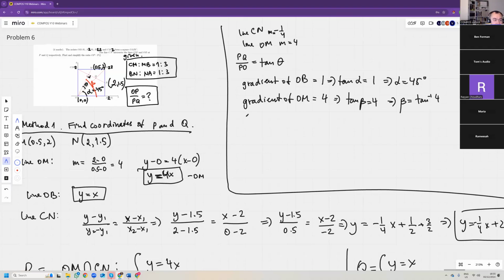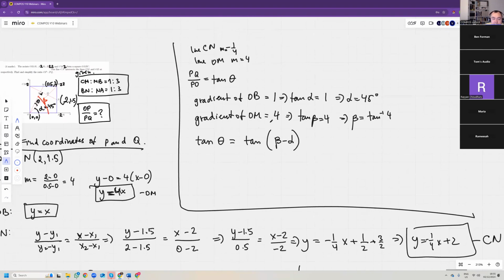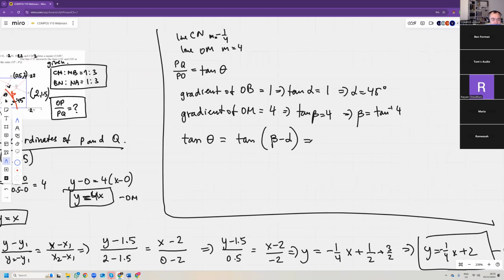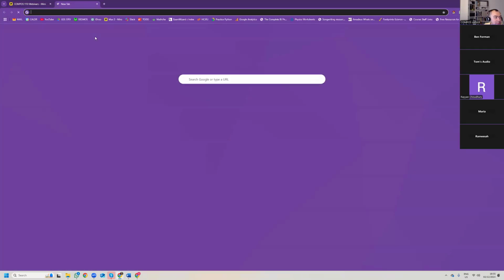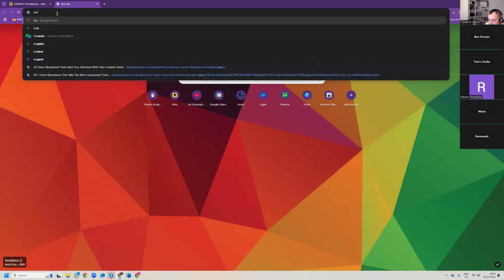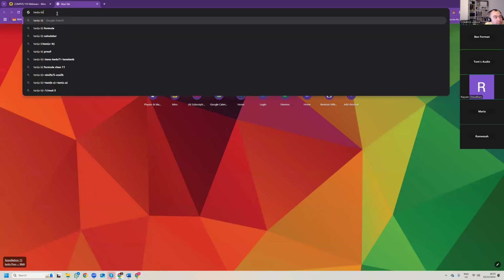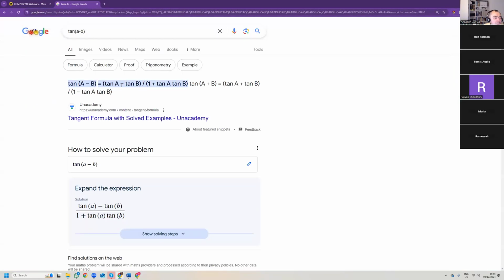So the tangent of the angle theta, which is this, is the tangent of beta minus alpha. And there's a formula for tangent of beta minus alpha, which I don't remember. Tan A minus B. Tan minus tan. Yeah.